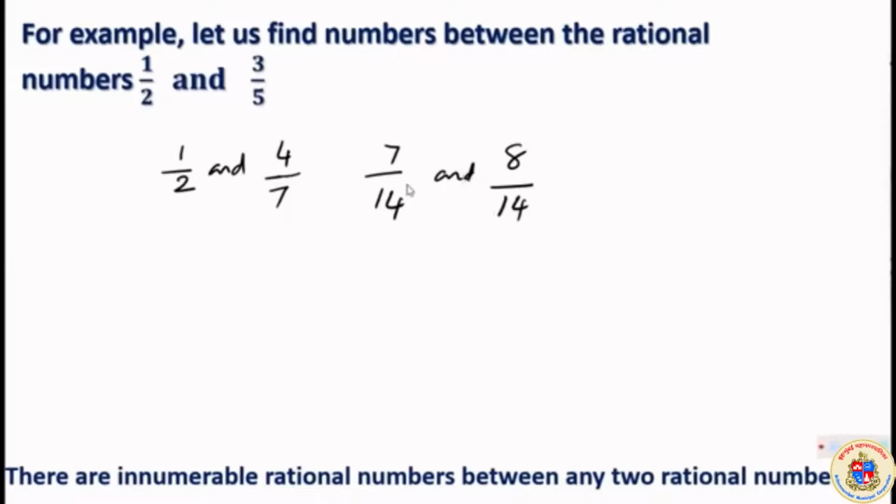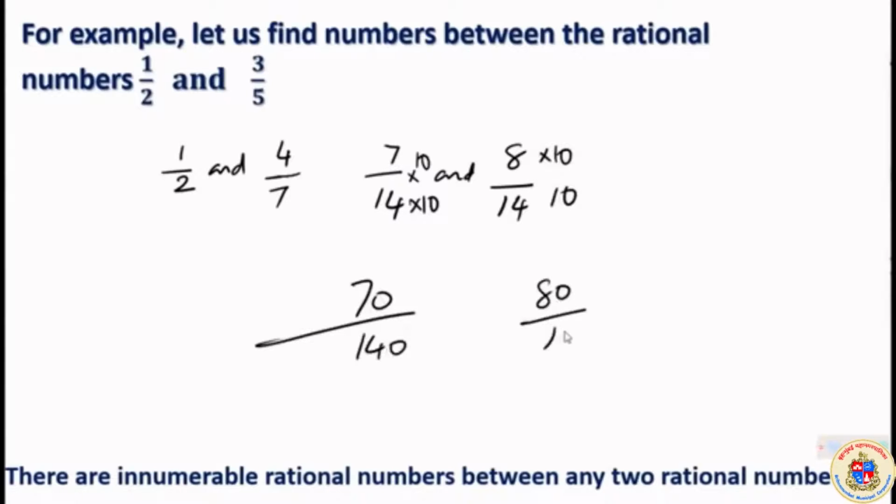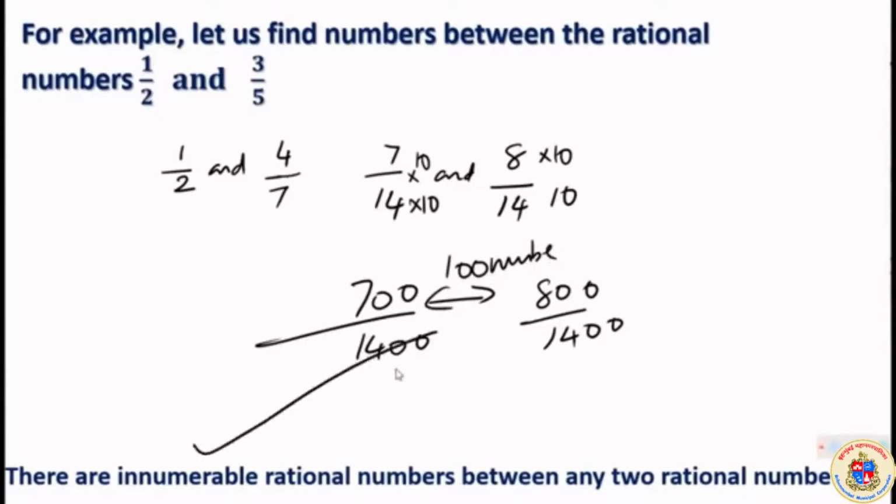So we will multiply it with 10 again. Naturally it will become 70 upon 140 and 80 upon 140. If you multiply again, it will become 700 upon 1400 and 800 upon 1400, and you will get 100 numbers in between. So there are innumerable numbers in between two rational numbers.